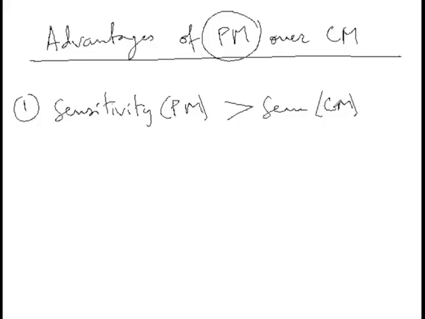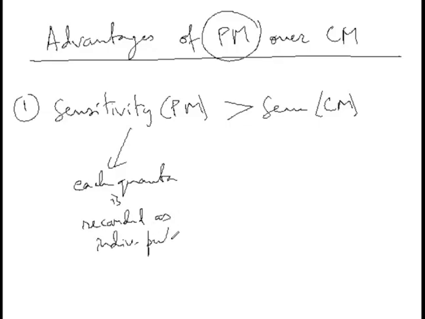And this is because each individual quantum of radiation can be detected as an individual pulse. So each quantum is recorded as an individual pulse. This is the reason.